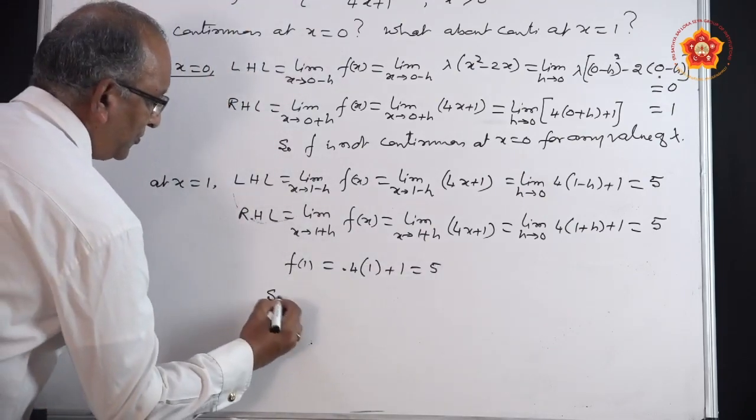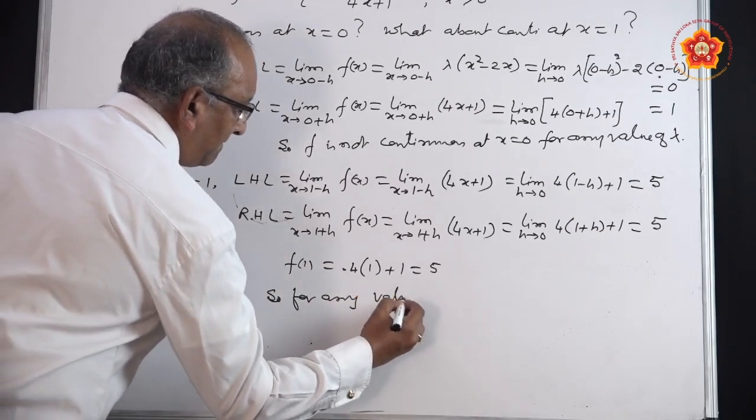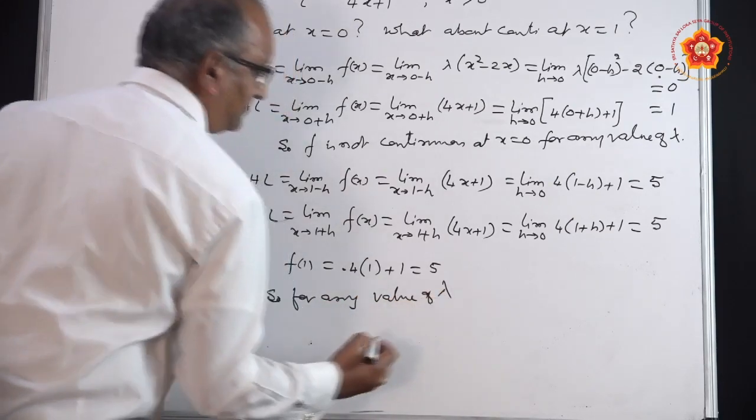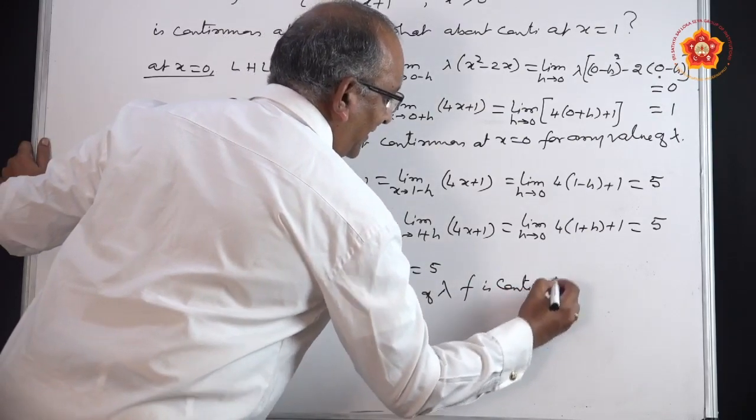So, for any value of lambda, f is continuous at x equal to 1.